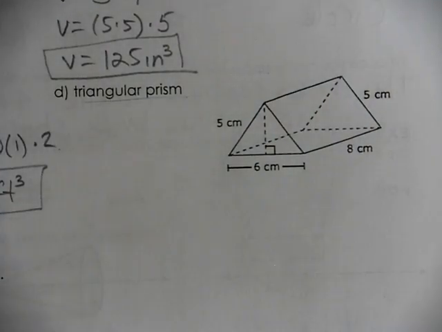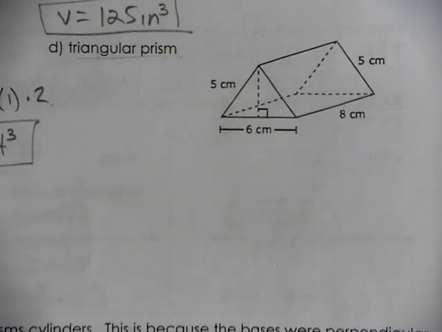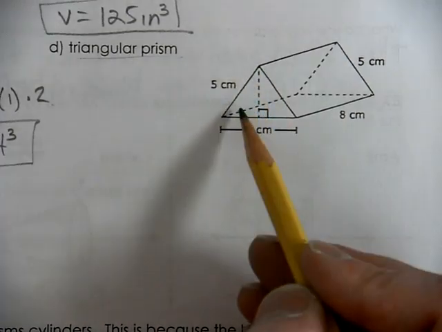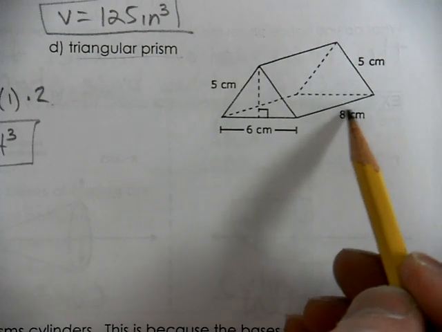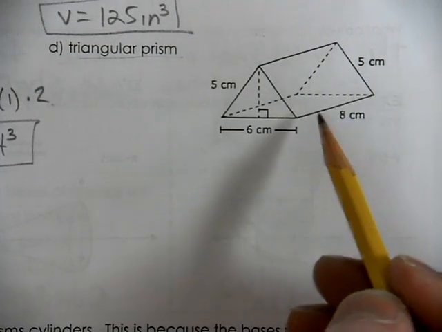Well, how are we going to calculate the volume of this triangular prism? For us to do this calculation, we need to know the area of the triangle times the height between, or the distance between the triangles.